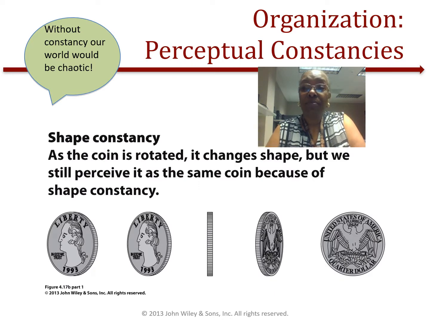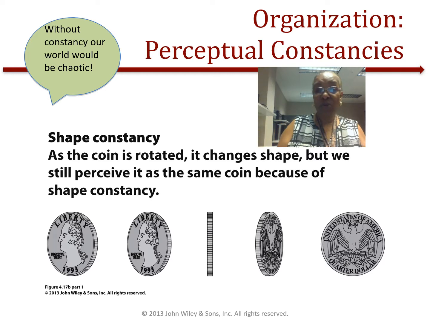Now, continuing on perceptual constancy, we have to take a look at shape constancy. We know what a quarter looks like. The slide is showing you a quarter, right? As you change the direction, rotating it around 360, you're going to see that it starts out flat if you start it this way. When you turn it this way, you have more of a vertical flatness.